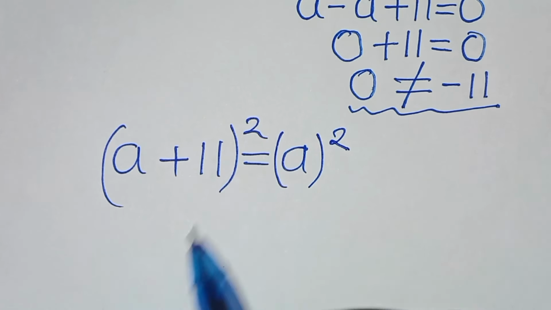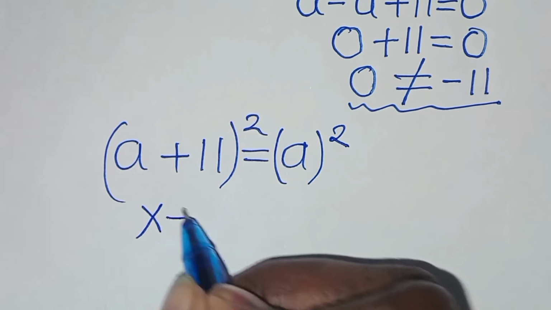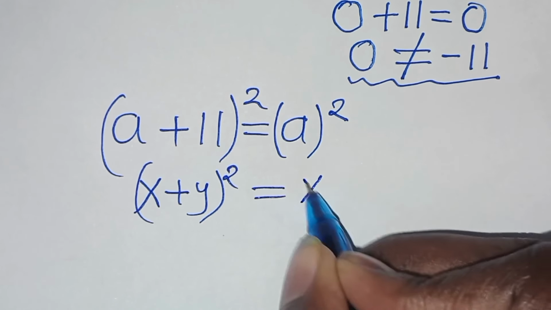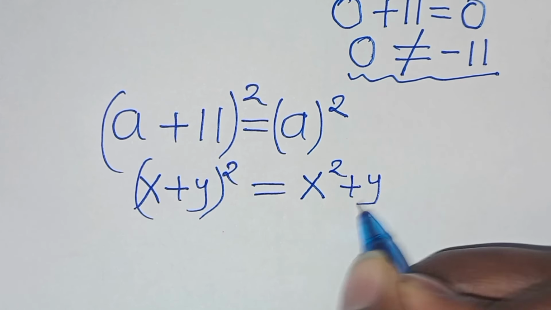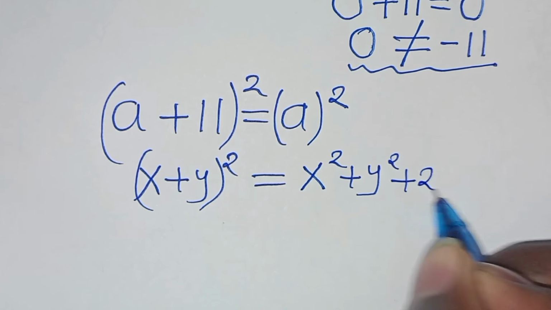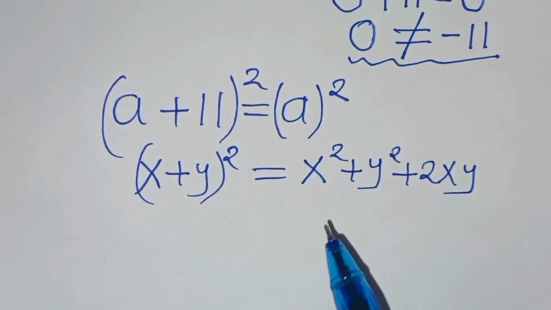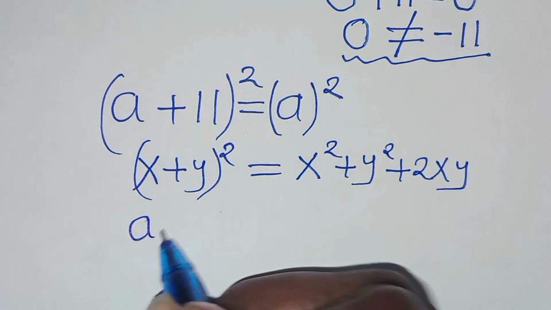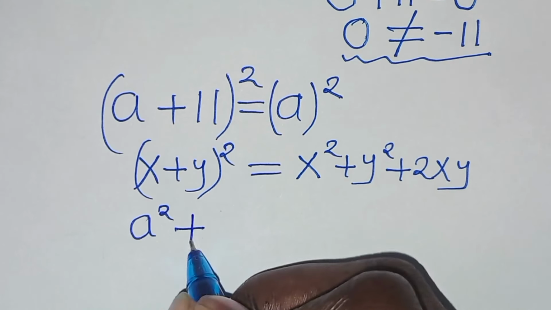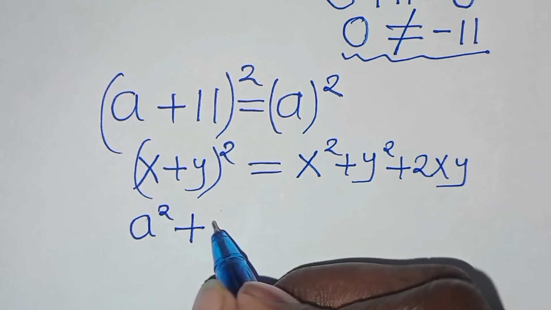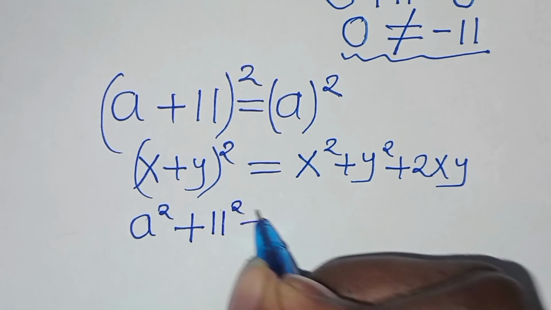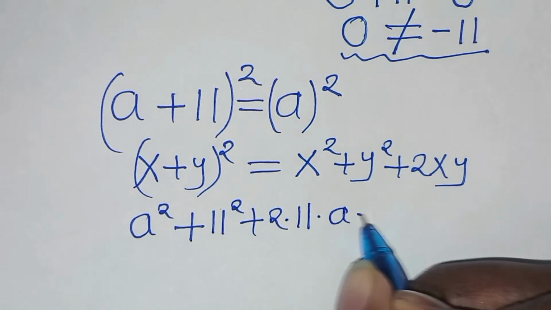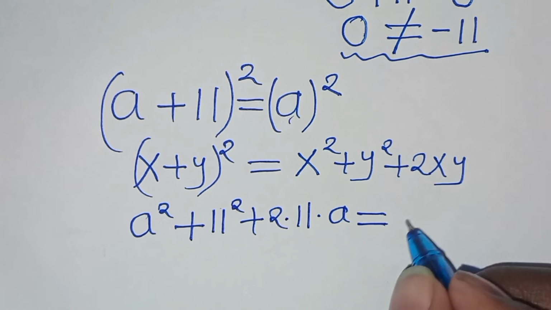This part is in the form of x plus y raised to the power of 2, which we can express as x squared plus y squared plus 2xy. Applying this identity, we have a squared plus 11 squared plus 2 times 11 times a, equal to a squared.